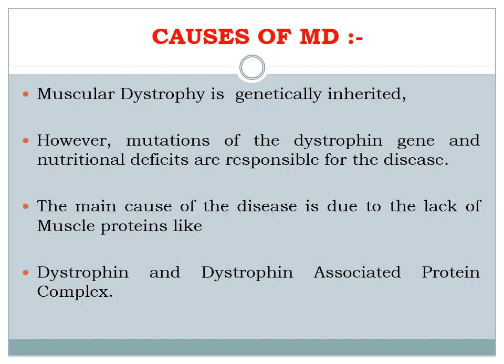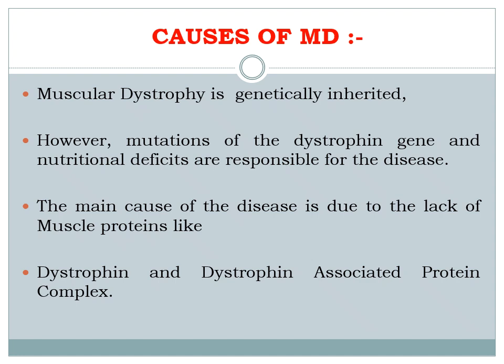The main cause of the disease is the lack of muscle protein, like dystrophin, and the dystrophin associated protein complex is defective in the muscle.